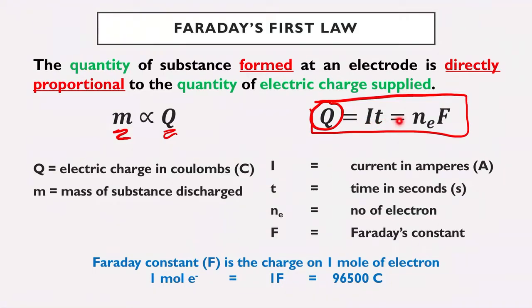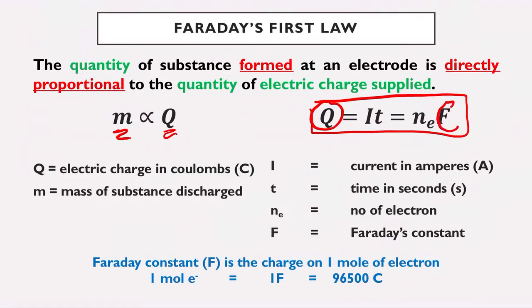And that will equal the number of electrons. During electrolysis, you will have a redox reaction and you will know how many electrons are involved. So n_e is the number of electrons, and F is your Faraday's constant.